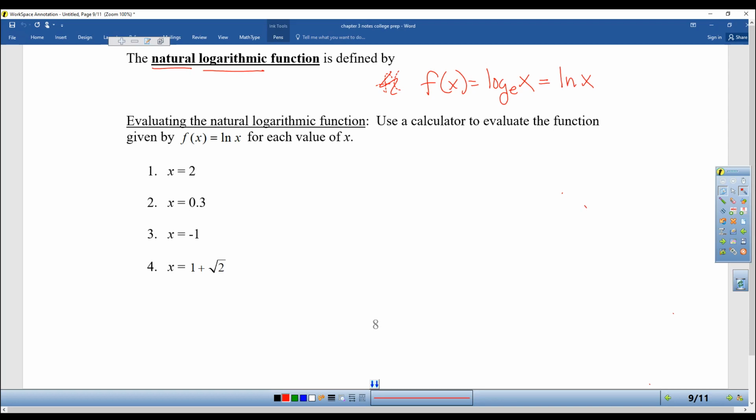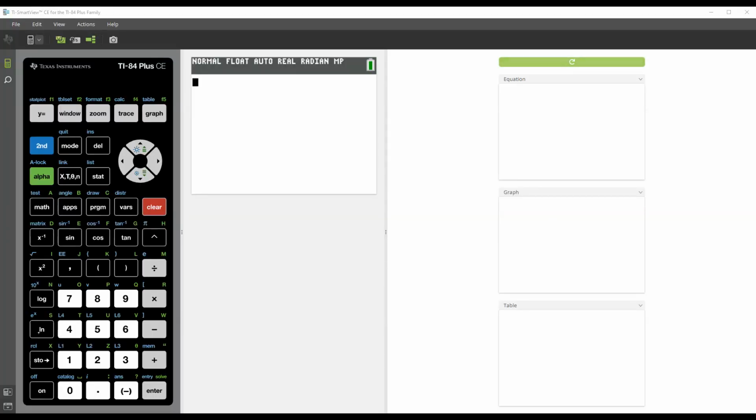So ln of x. The natural log button is right here next to the 4. You'll notice that it has the e to the x as the matching corresponding part. That's because they're inverse functions. So I'm going to type in natural log of 2, and that first one is 0.693.